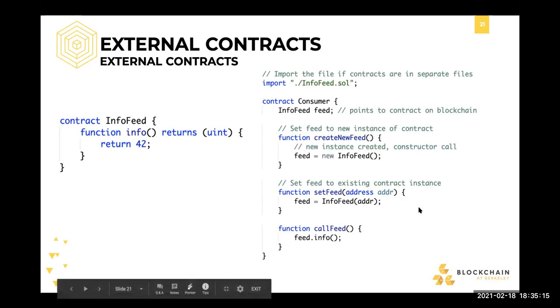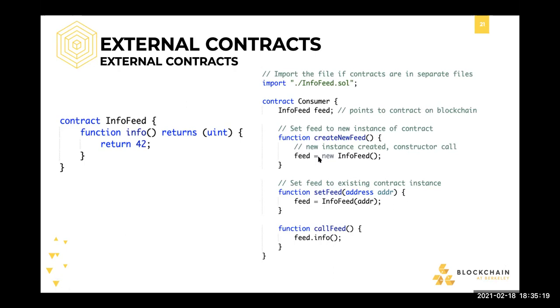But how did you create the InfoFeed instance in the setFeed function when you don't define a constructor that takes in an address? Wait, are you talking about this function? Yes, how are you passing in the address?